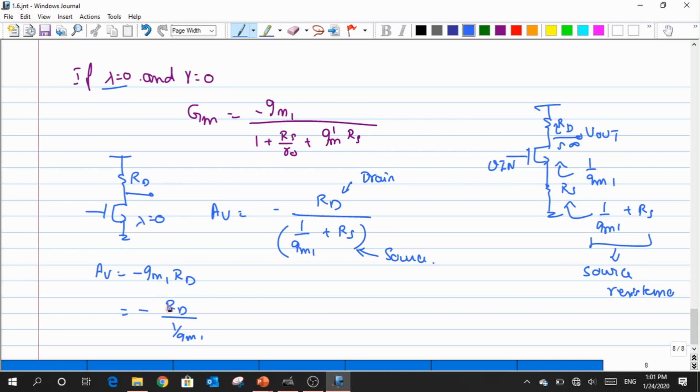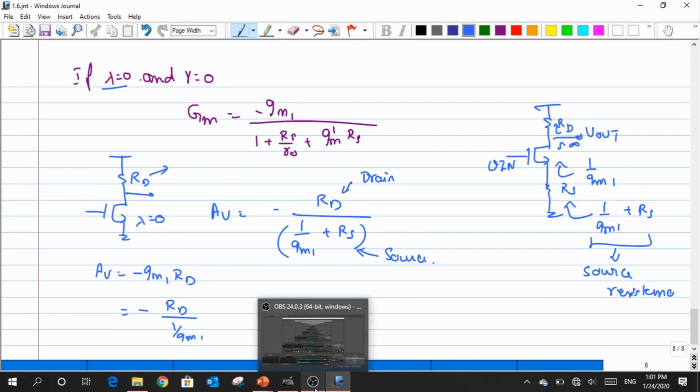So what is this RD? It's nothing but the drain resistance. But where is this 1 by GM coming from? Looking into the source terminal. So when I look through the source terminal, just because lambda equal to 0, it is just 1 by GM. So I could still write it as drain resistance divided by the source resistance. Is that all making sense? Any doubt? So you can apply this for all other circuits that we have discussed. So with this, I'll just stop the session.